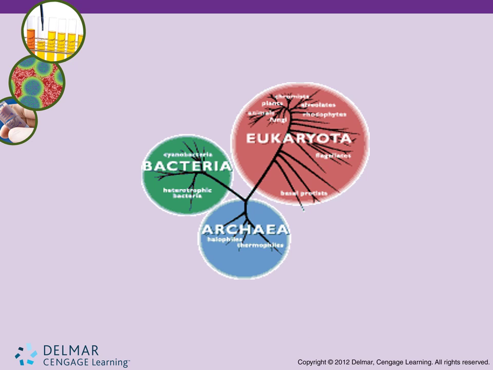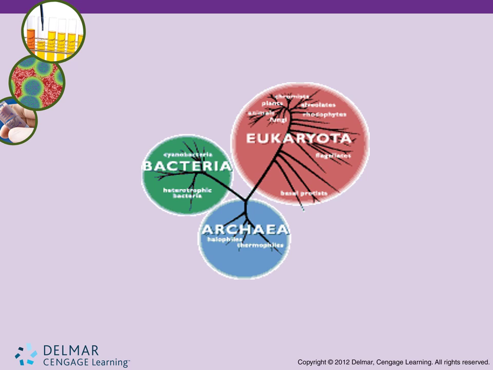So, as scientists have reorganized classifications based on new discoveries and information, in 1990, Carl Woese added a new category or domain called the archaea. Until that time, biologists had taken for granted that all life on Earth belonged to one of two primary lineages, the eukaryotes and the prokaryotes.